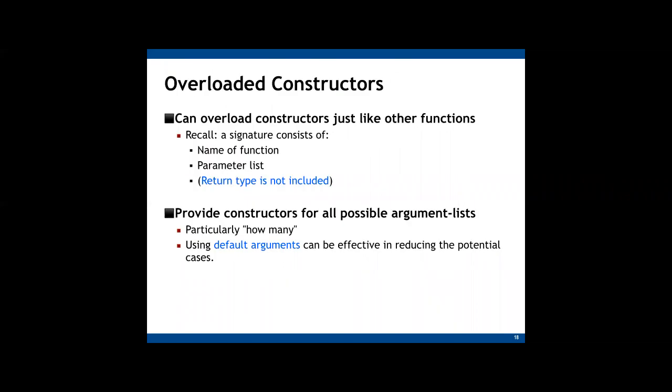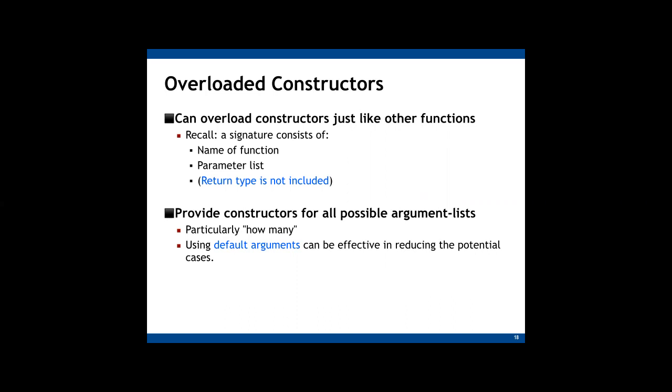Okay, so I just said that the constructor can be overloaded just like other member functions. We have already learned about function overloading. To quickly recall it, we learned that function overloading is a feature of programming language that allows many functions with the same name but with different function signatures.